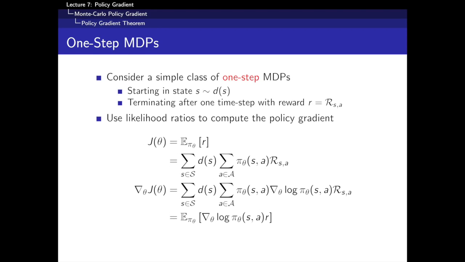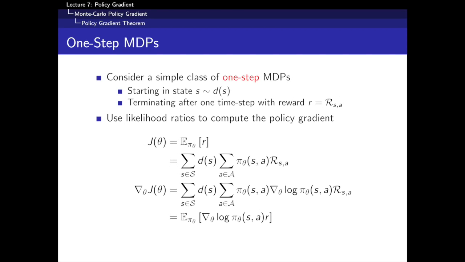So we could push the gradient right into just this term here, and expand that using our likelihood ratio trick. So the gradient becomes now the policy multiplied by the gradient of the log policy multiplied by the reward that you get. And so this is, again, now an expectation. That's the whole point of using the likelihood ratio trick.